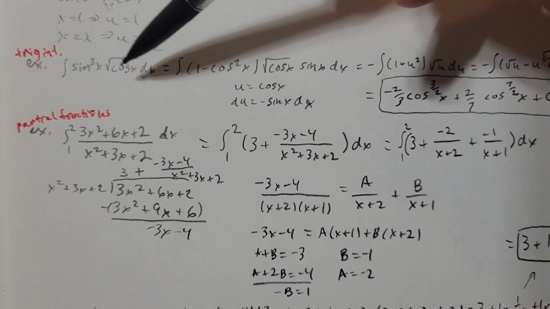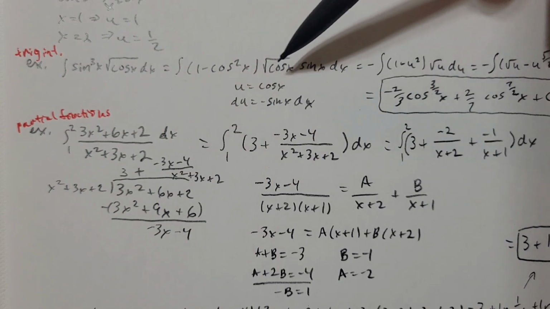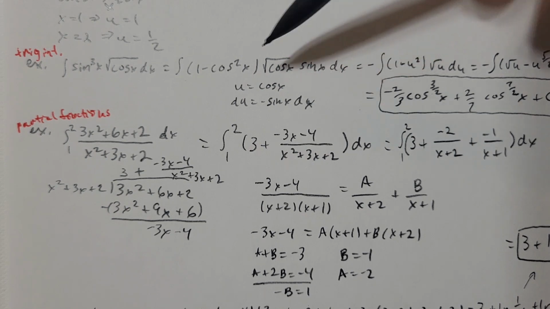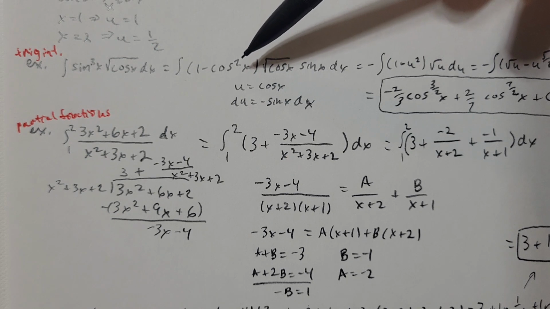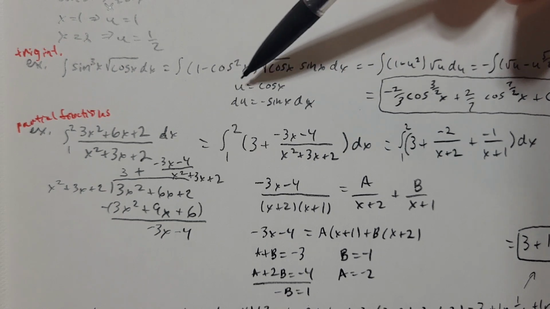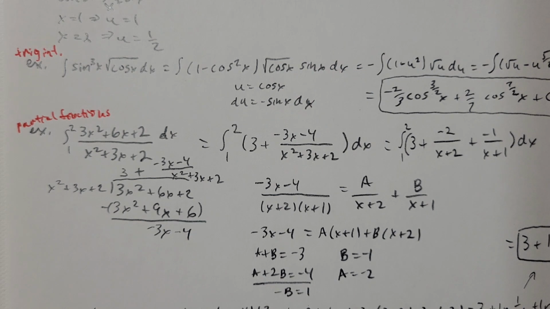So if I pull away a sine x term, I'll have sine squared x times the square root of cosine x times sine x times dx, right? Sine squared x, that's the same as 1 minus cosine squared x. Okay, so if I get everything else in terms of cosines here and I get the sine x dx at the end, that allows me to then make a u substitution.